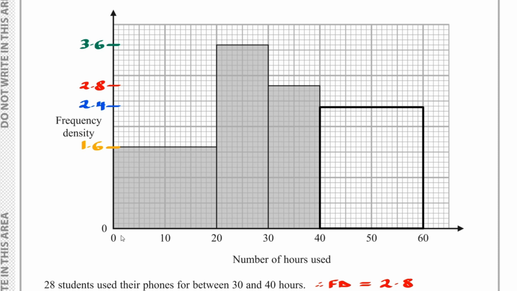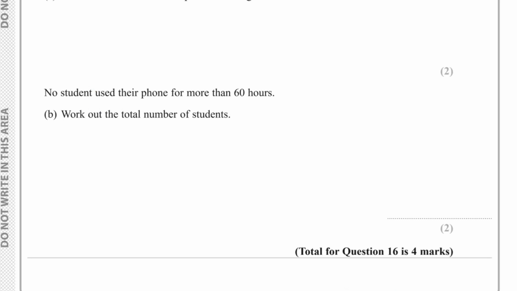So now here I've got 20 times 1.6, which is 32. Here I've got 10 multiplied by 3.6, which is 36. I've got the 28, which was given before, and here that was 24, which was given before. So to find out the total number of students, I need to add all these numbers together. So I've got 32 plus the 36 plus the 28 plus the 24, which is 120.